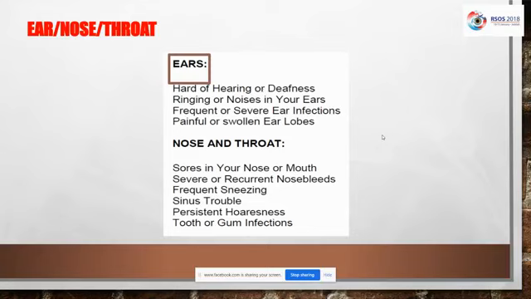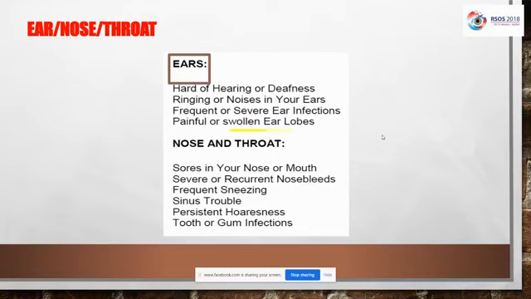You need to ask if there is any ringing or noises in the ears. You need to ask about frequent or severe ear infections that happened to this patient before. You need to ask about painful or swollen earlobes with inflammation of the ear pinna or auricle. This is very important in the diagnosis of relapsing polychondritis.